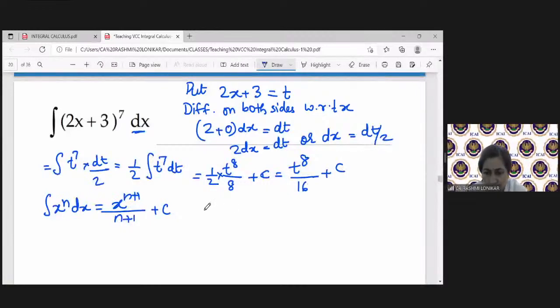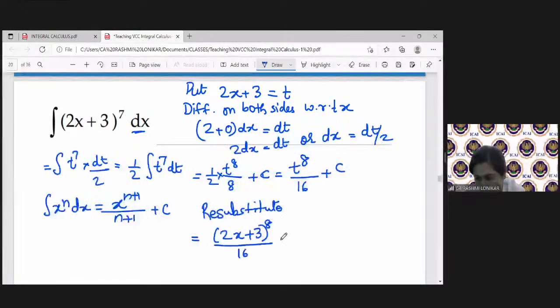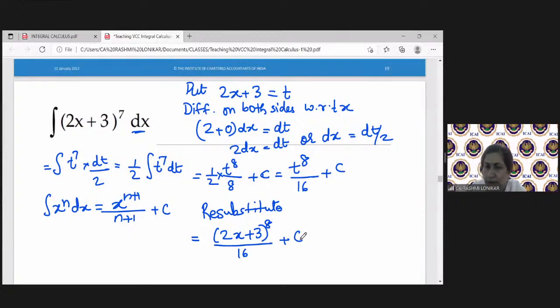Now I resubstitute. Instead of t, I write 2x plus 3 raised to 8 upon 16 plus c, and that will be the answer.